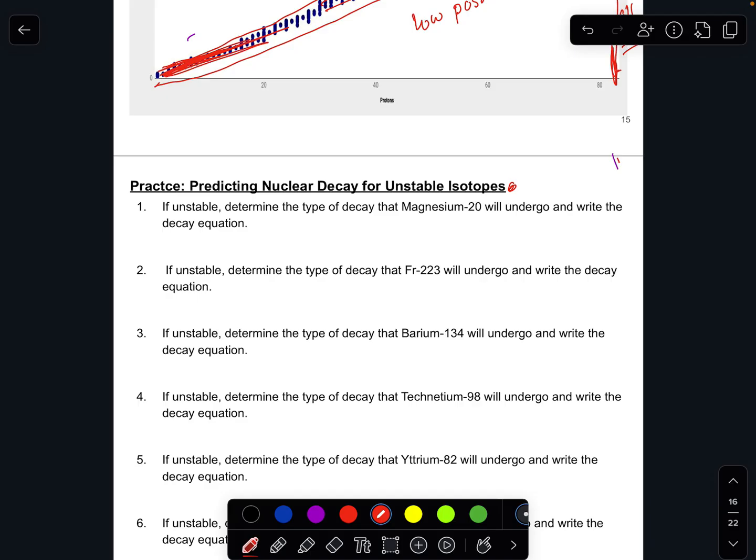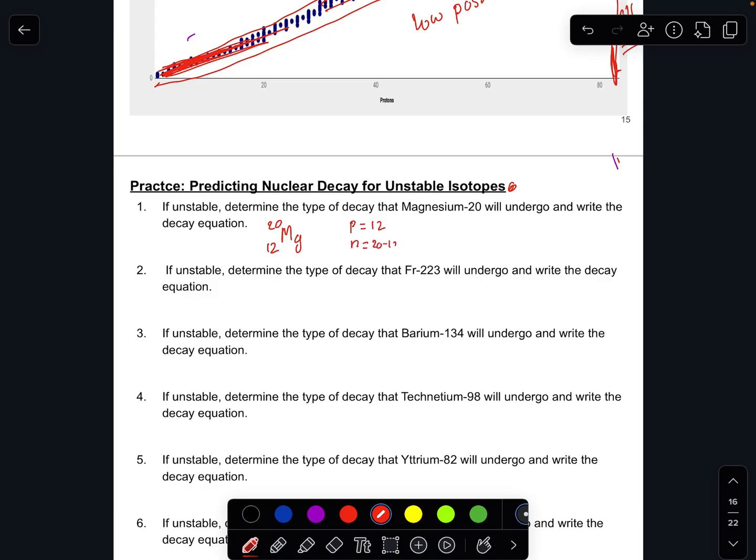First question: if unstable, determine the type of decay magnesium-20 will undergo and write the decay equation. So magnesium-20, we know the mass number is 20 and the atomic number is 12. So protons will be 12.